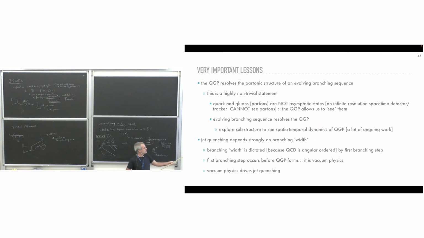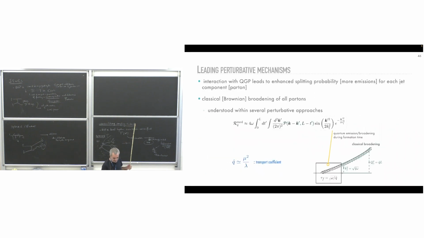This is almost dictated exclusively by vacuum physics. The first splitting in a jet is always before there is QGP. So it's a statement that many people don't like, that vacuum physics is the main driver of how a jet gets quenched. Sounds a bit silly, but it's true.